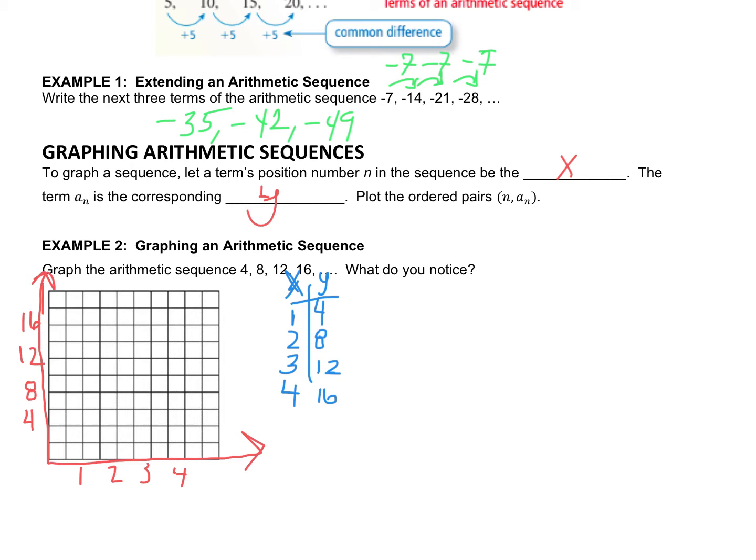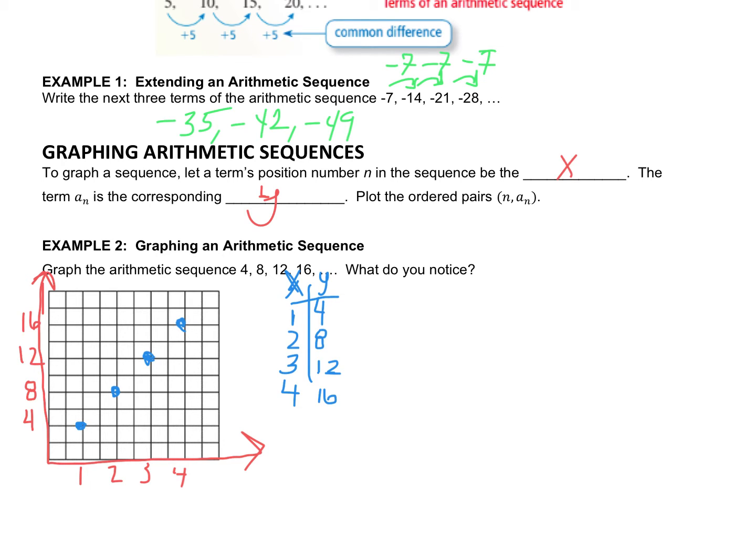For the y scale, I just went up by 2s, again skipping over each of the blocks to get 4, 8, 12, and 16. And then simply it's a matter of putting in our points. And there are my 4 points.